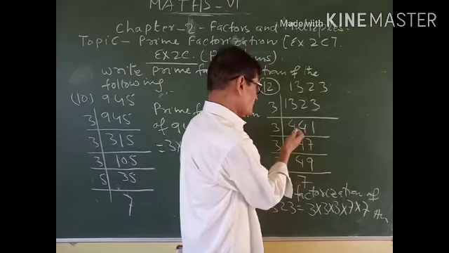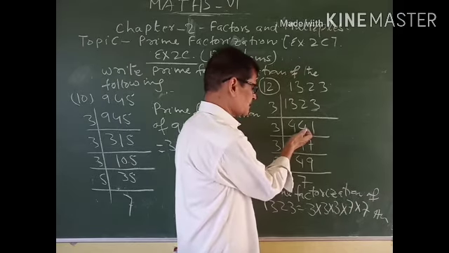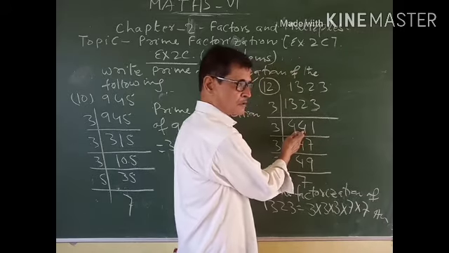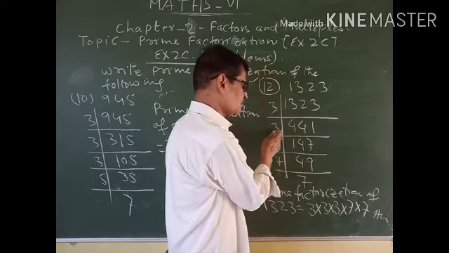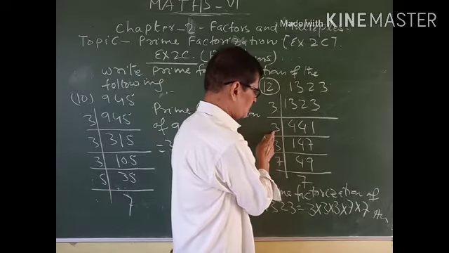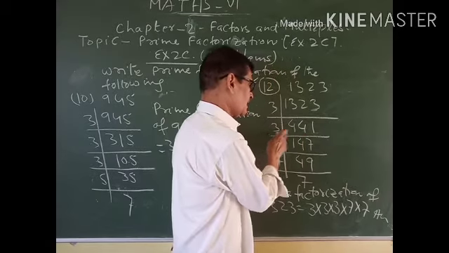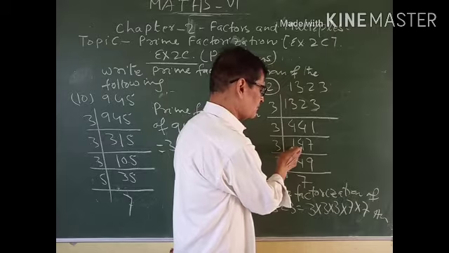Now test whether this is divisible by 3 or not. Add the digits: 1, 4, 5, 5, 4, 9. 9 is divisible by 3. Therefore, this number is also divisible by 3. If you divide this number by 3, you will get 147.